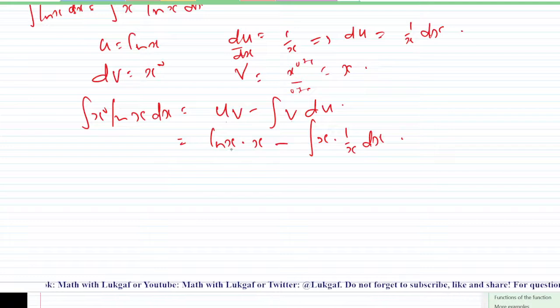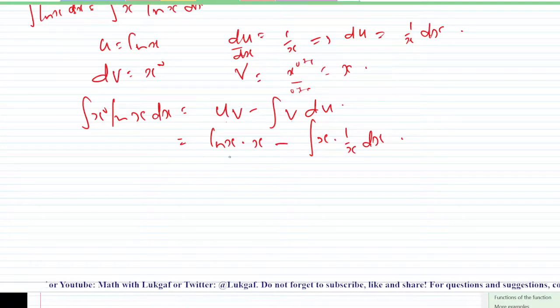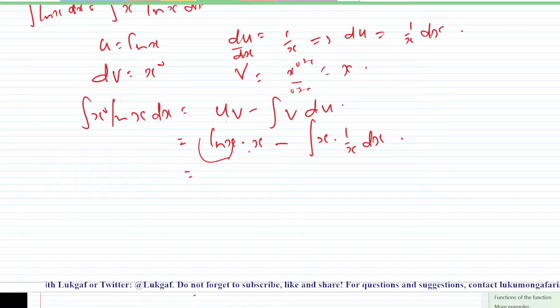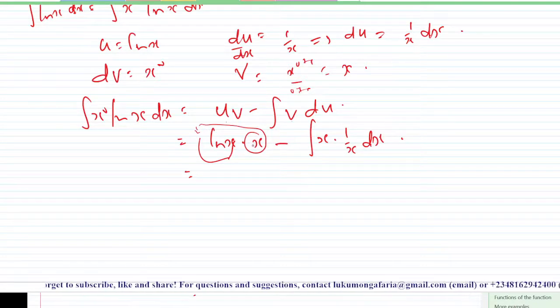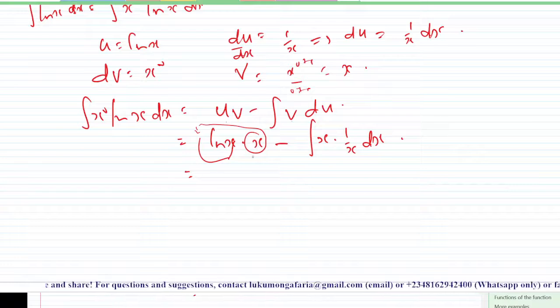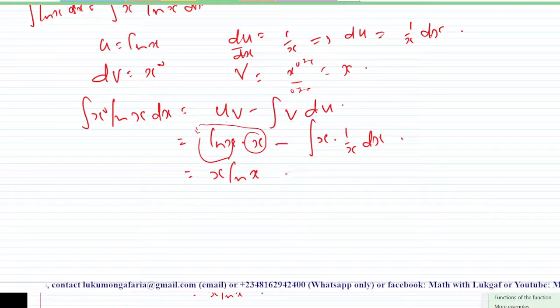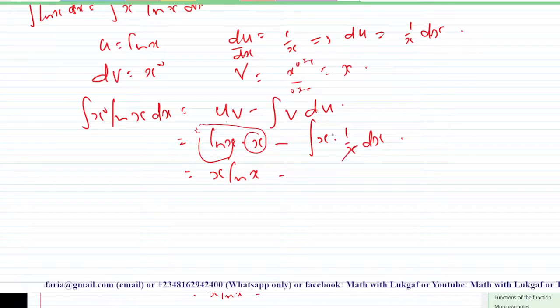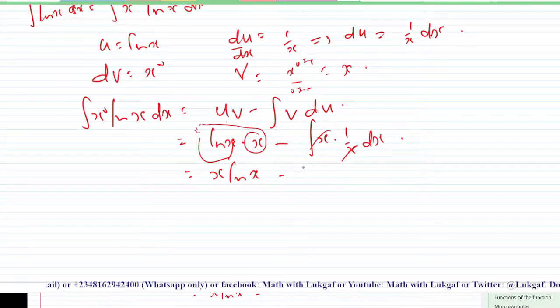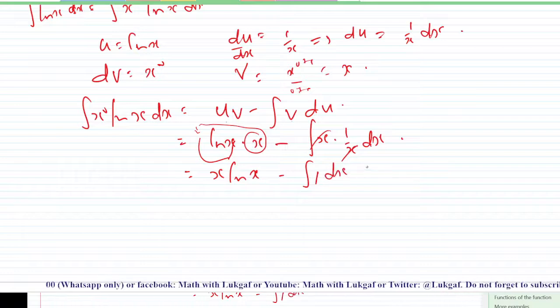What is ln x multiplied by x? Don't say ln x squared, because it's a function that stands on its own. I've advised that when you have an expression in terms of x, you bring it before the logarithmic function. Then you have x ln x minus this guy; we cancel this, and I have the integral of 1 dx.